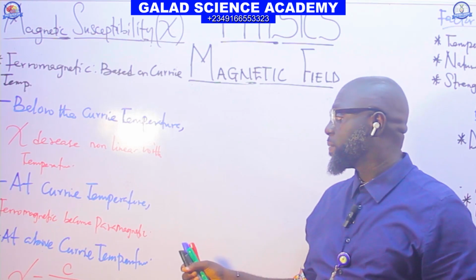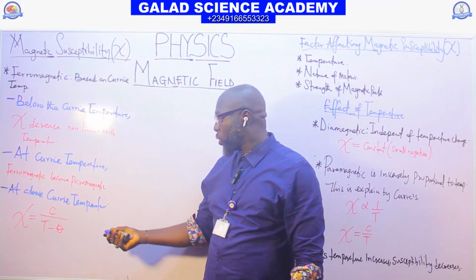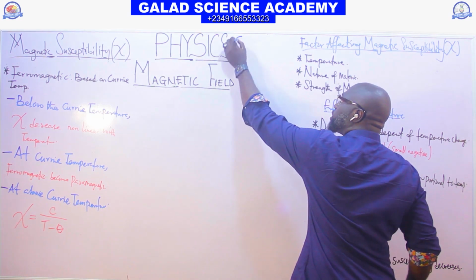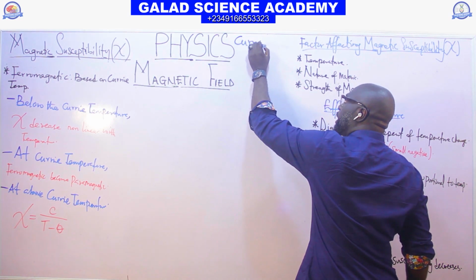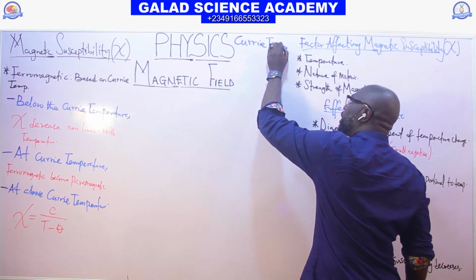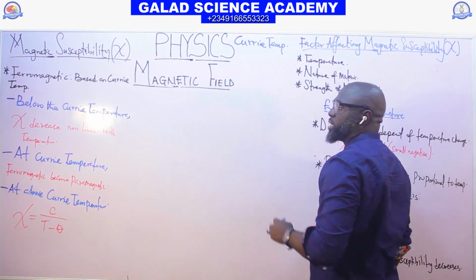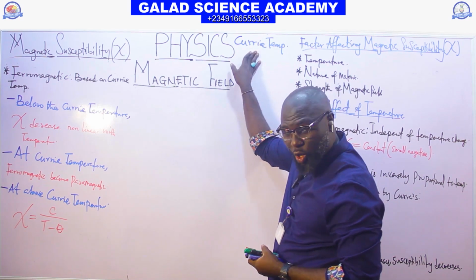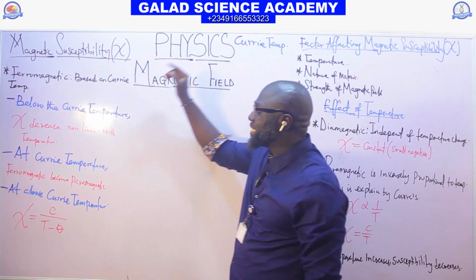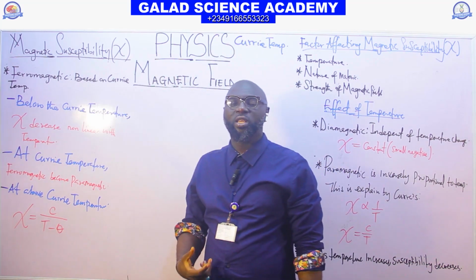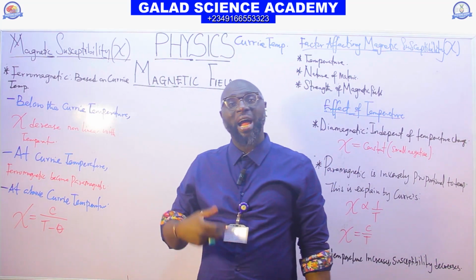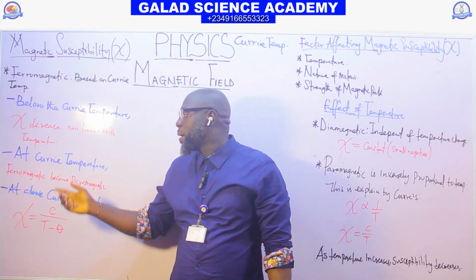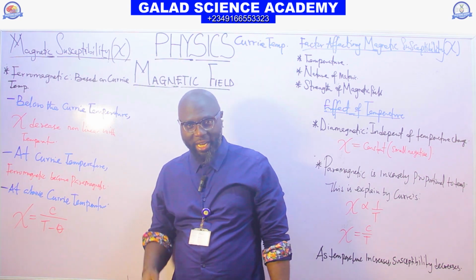You may ask, what is the Curie temperature itself? The Curie temperature, or Curie point, is the temperature at which a ferromagnetic material loses its own magnetism to become paramagnetic material.